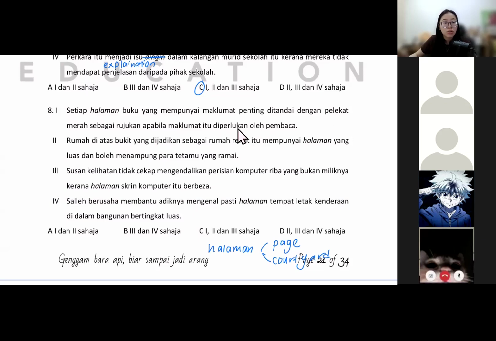Is this correct or wrong? Setiap halaman buku, is this correct or wrong? Yes, correct. Because every page of the books. Now, rumah di atas bukit yang dijadikan sebagai rumah rekat mempunyai halaman. They have a courtyard yang luas dan boleh menampung, can include a lot of para tetamu. Yes, correct. Number 3, Susan kelihatan tidak cekap, which is like not that familiar.